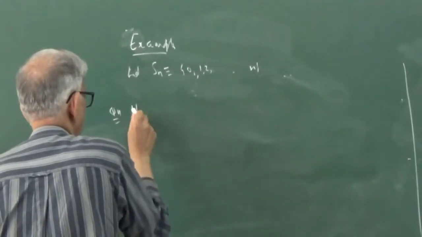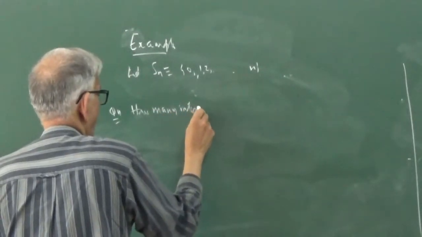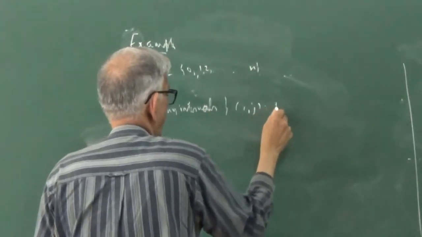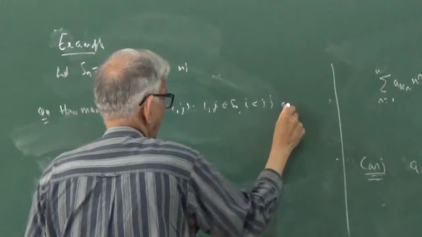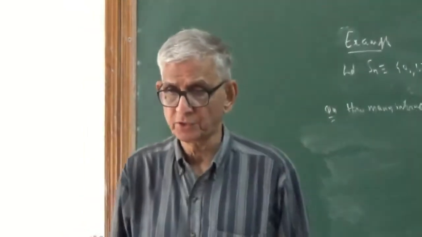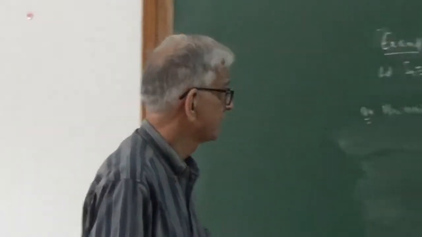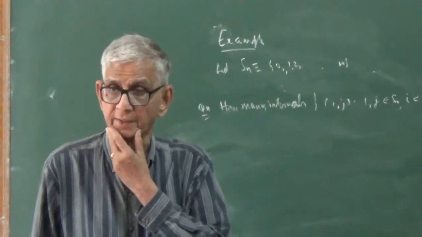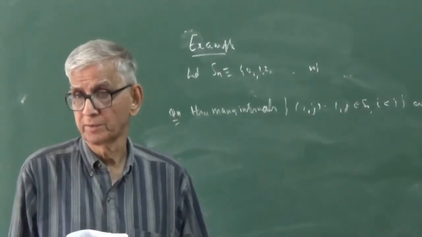Question: how many intervals (i, j), i and j belonging to Sn, i less than j, are there? So Sn is a collection of integers 0, 1, 2, 3 up to n, and I look at any pair i, j where i and j are integers, and now consider the total number of such intervals that you can generate.